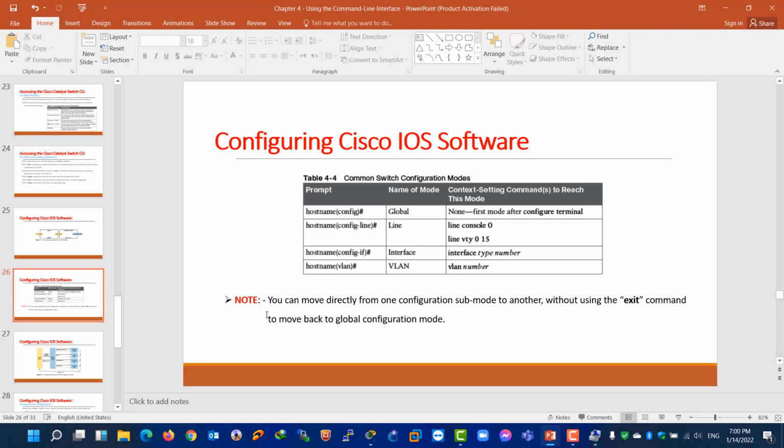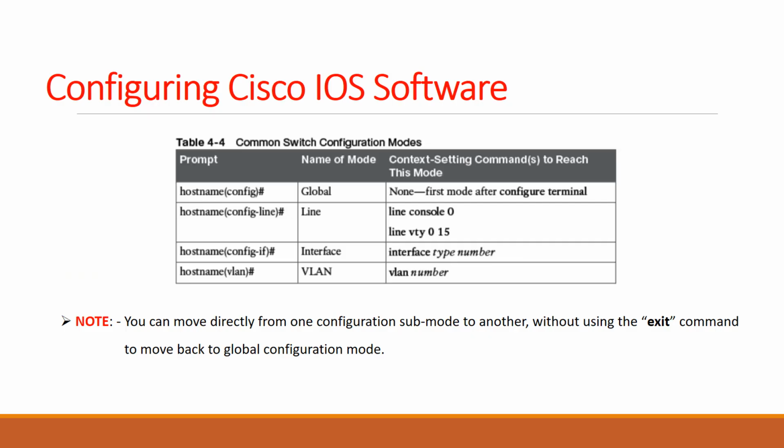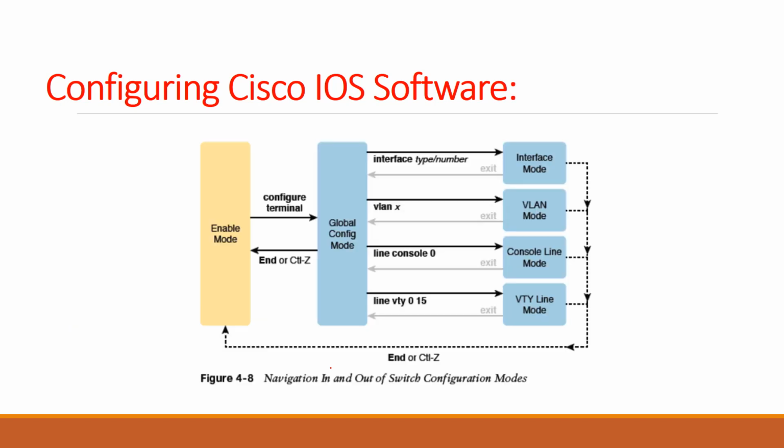Let's go back to our slides. As we mentioned, there is a note here. You can move directly from one configuration sub-mode to another without using the exit command to move back to global configuration mode. Here are some examples.